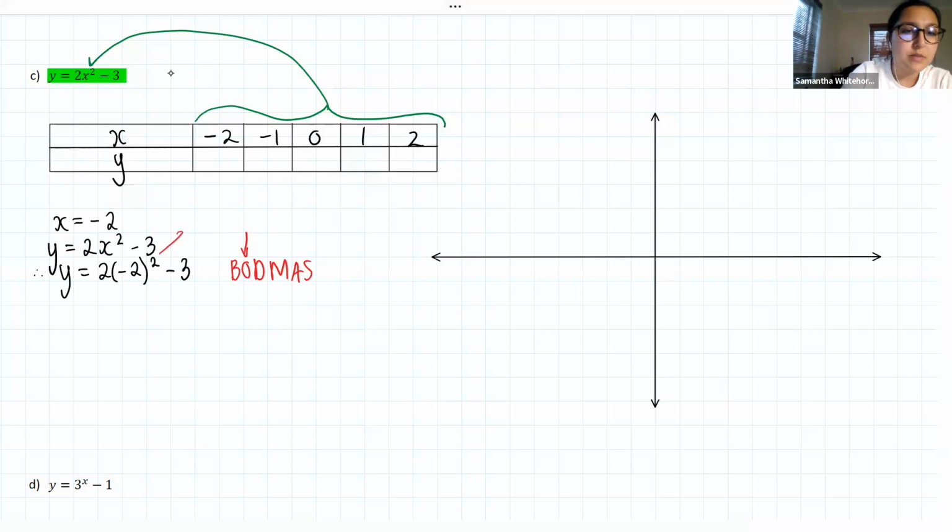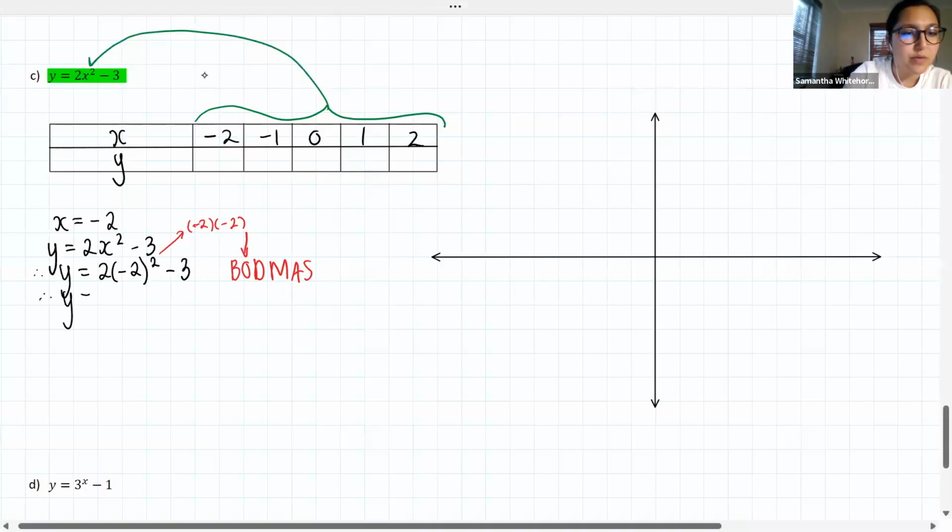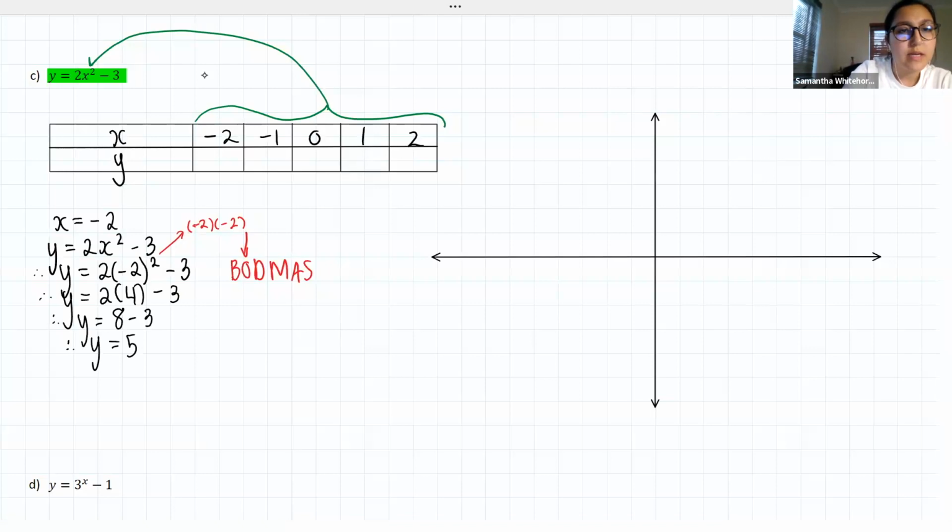Now, remember, this exponent is saying -2 times -2. A negative times a negative is a positive, and 2 times 2 is 4. So we've got y equals 2 times 4 minus 3. 2 times 4 is 8, and 8 minus 3 is 5. So we get an output of 5 when we have our input of -2.